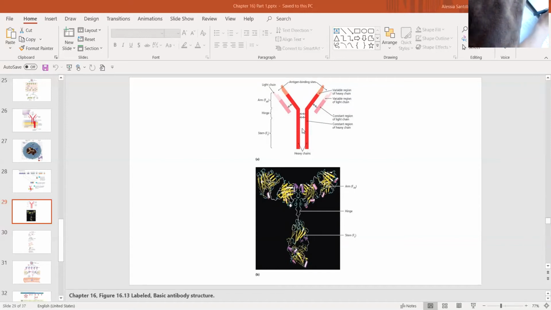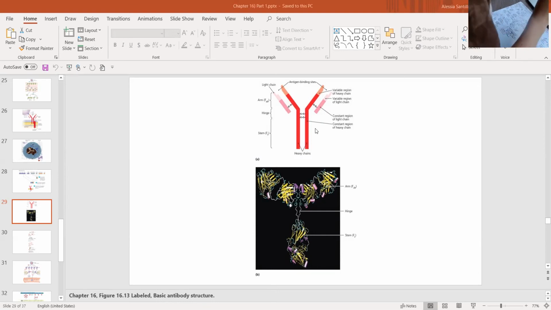And so the FC regions of each class in a person's body are going to be identical. So if we have the FCG, we have IgG. That's the particular immunoglobulin, the particular antibody that we have. And that means that all of your IgGs are going to have the same FC region.